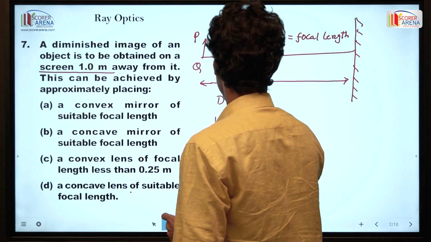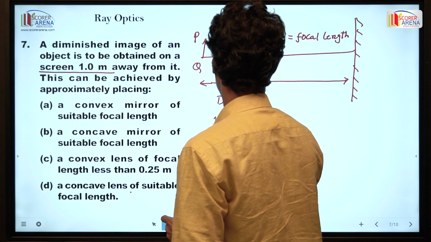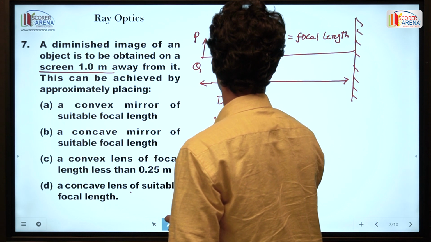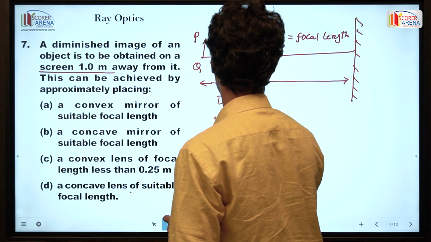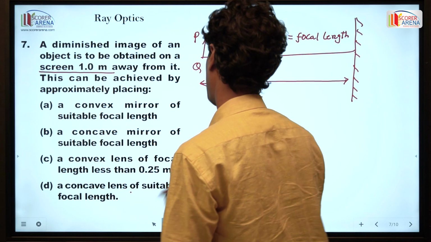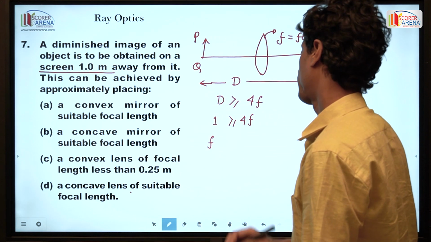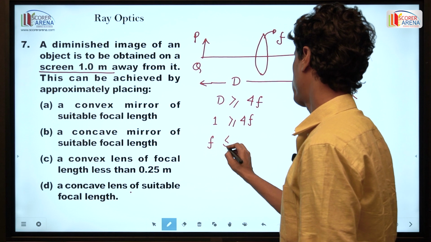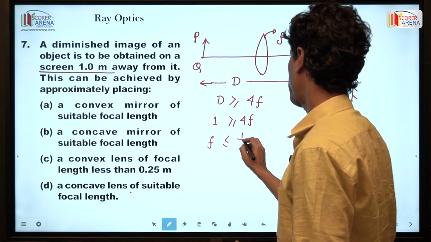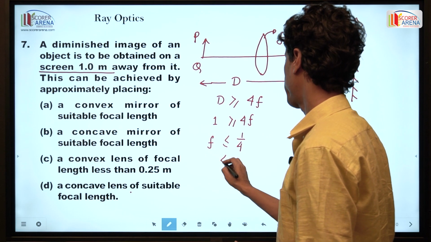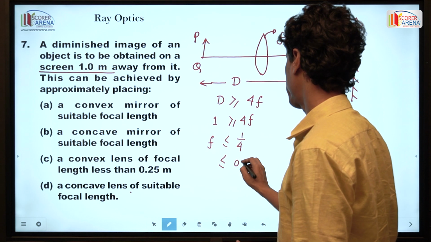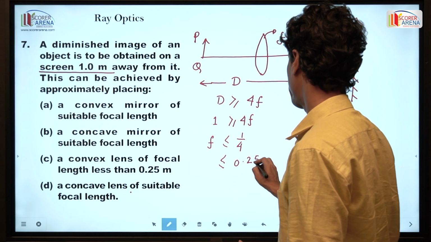And this distance is 1 meter. This is 4f. So f is less than or equal to 1 by 4. Therefore we can say f is less than or equal to 0.25 meter.